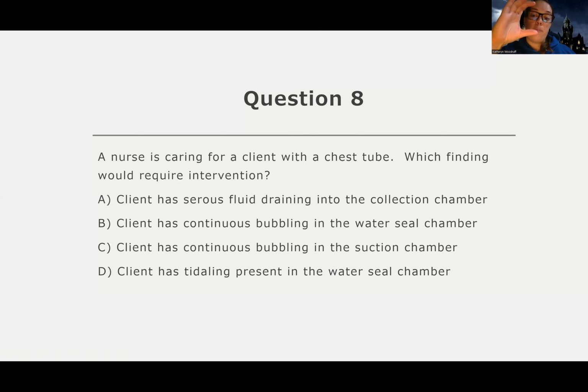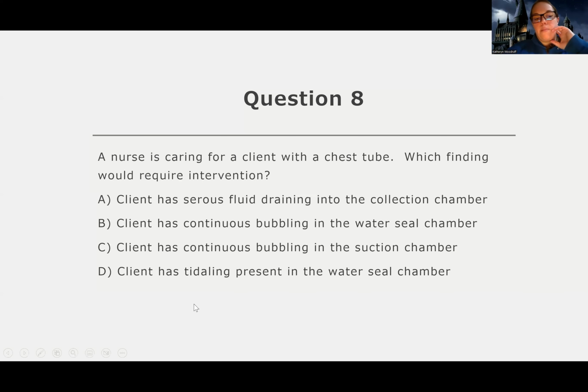In the water seal chamber, they should not have continuous bubbling. They can have occasional bubbling, especially when we first put it in, but really all you should have in that water seal chamber is tidaling. And in the suction chamber, they can have continuous bubbling. That's an indication that the suction is attached and working. So no bubbling or occasional bubbling in the water seal chamber; continuous bubbling is what's okay in the suction chamber.